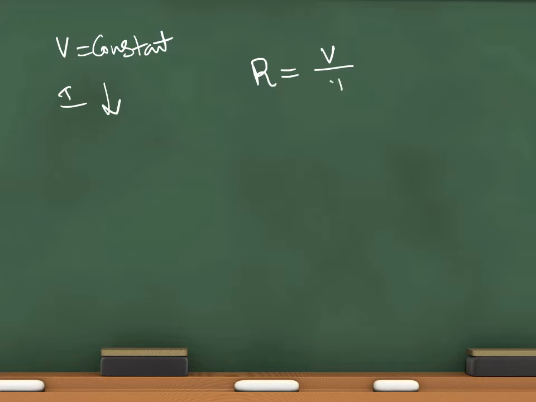And what happens if there is a reduction in current? Voltage is constant, I is decreased. We know that resistance equals V by I. The voltage is constant and there is a reduction in current, so there must be an increase in resistance.